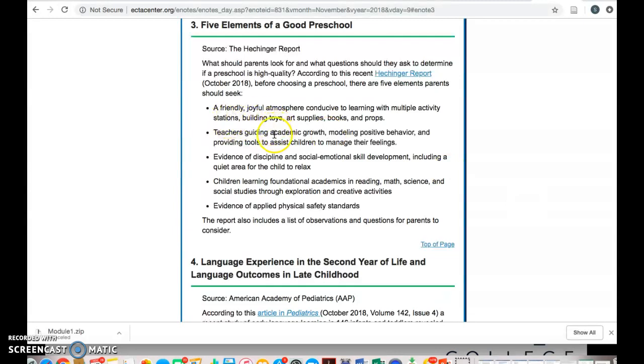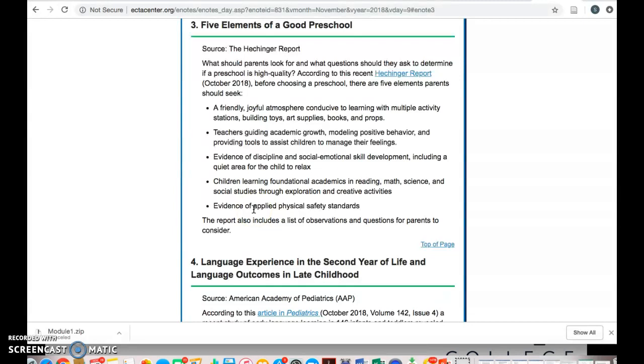Like a friendly, joyful atmosphere, teachers who are guiding academic growth and positive behavior. That's what the pyramid model is for. Evidence of discipline and social emotional skill development. Again, pyramid model, great resource. And so on. So it's interesting to look at what they're telling parents to look for.